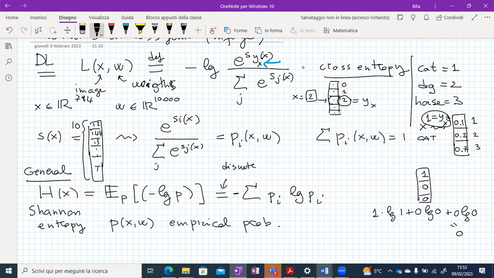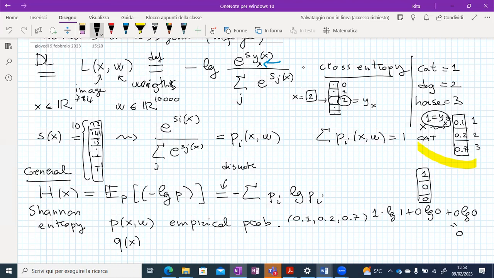And then we have this Q of X, which is the true probability because we have a labeling on the image and we know if the image is a dog or a cat. So in this example here, which I underlined in yellow, we get the empirical probability for the three classes 0.1, 0.2, 0.7.